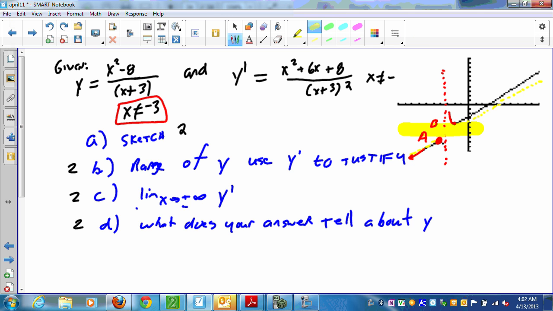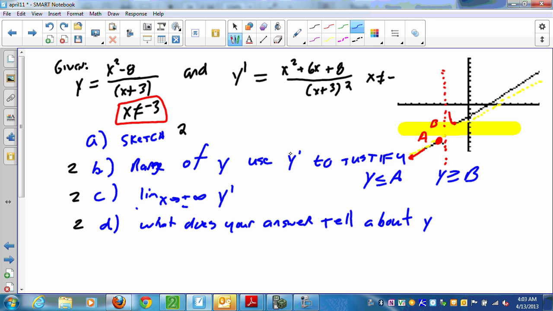This section in here is not part of the range, right? This is the only part that doesn't exist. So the easier way to rewrite the range is that y is going to be less than or equal to this A value, right? It exists down here, and then y is going to be greater than or equal to this value B.